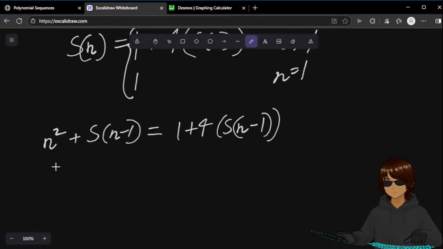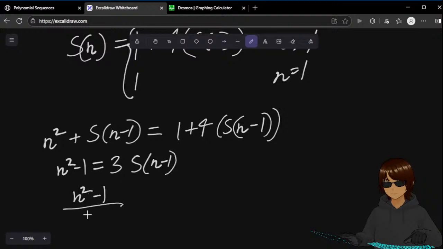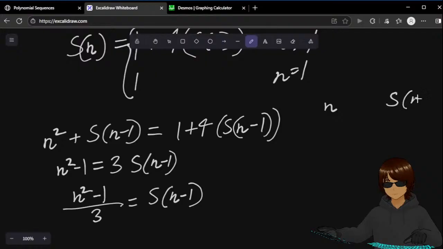If that's right, so wait, if n is 5, then S4 is 4 squared minus 1 divided by 3.